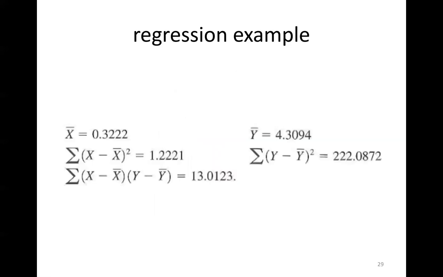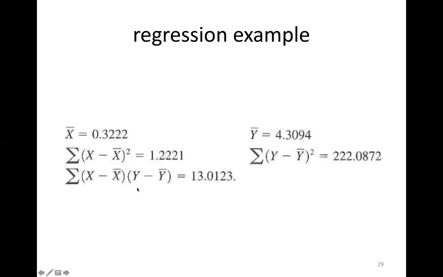Here we have the means of x and y. We have the sum of squares for x, sum of squares for y. What sum of squares means, please don't confuse, is the sum of the squared differences between each value in a data set and its mean. So we have x and y, and what's this?